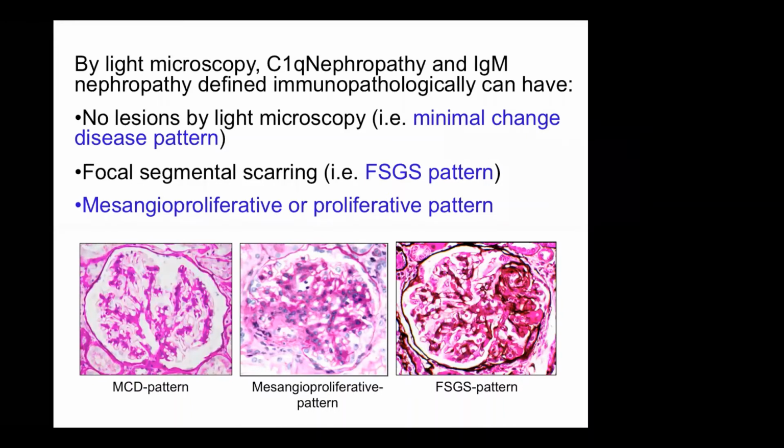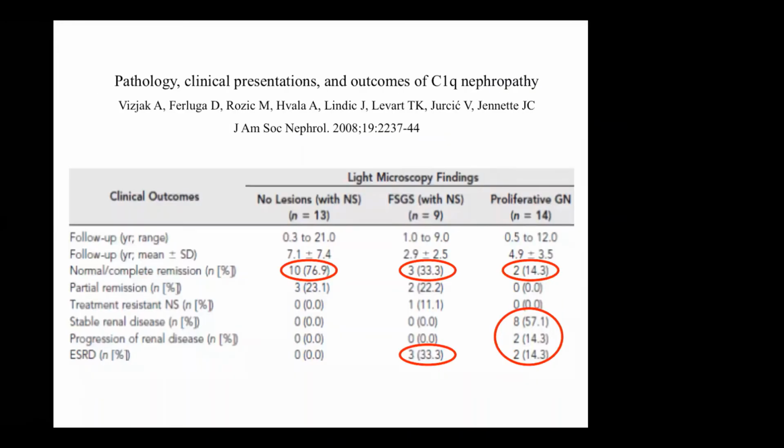Now, why is this important? Most of them will go into complete remission, and then some of them might go into proliferative glomerulonephritis, very few of them, and some of them will turn into looking like an FSGS.